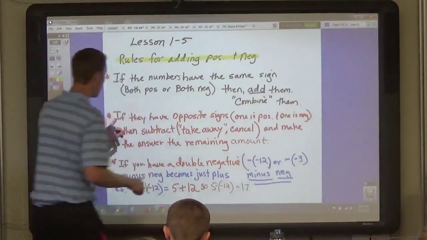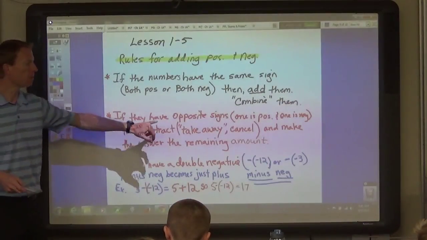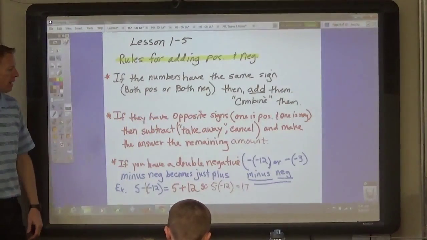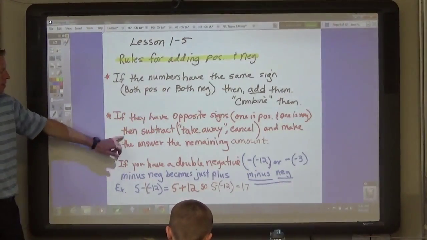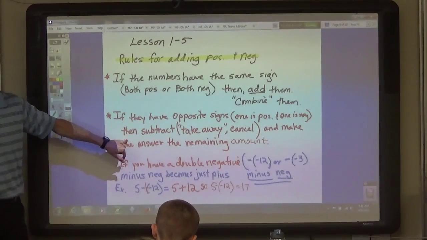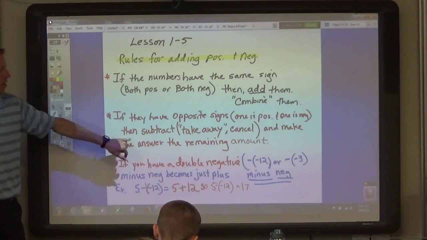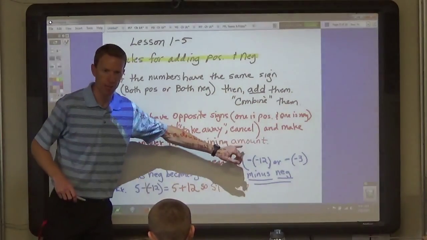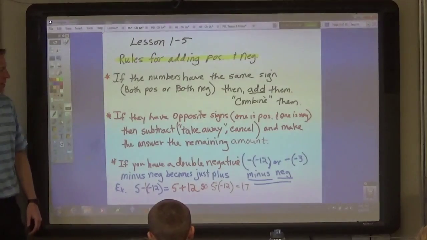Now, the second one. If they have opposite signs, one is positive and one is negative, then you have to take away, or you have to cancel out the amount, and the remaining amount is the answer. I'm going to give you some examples for this.